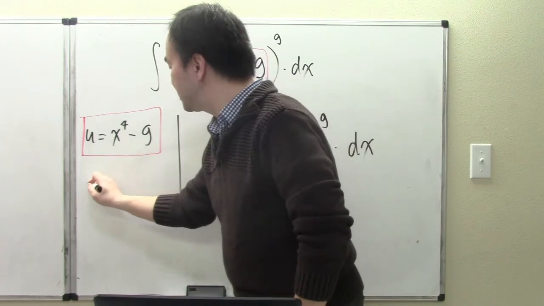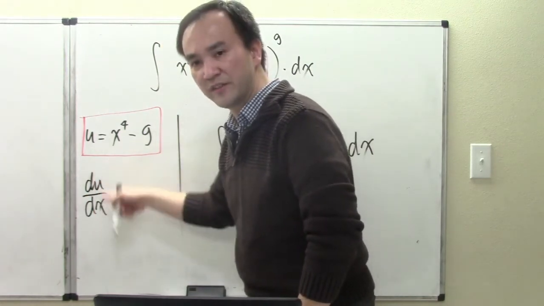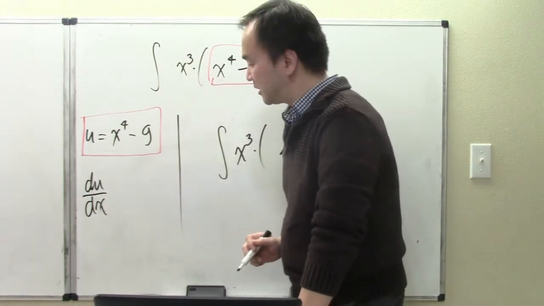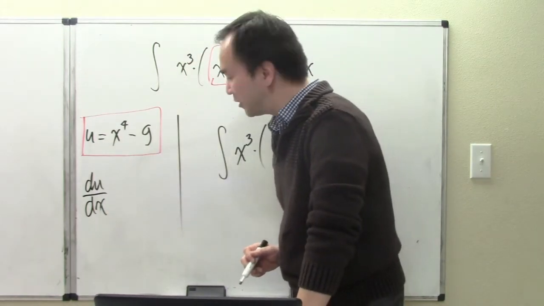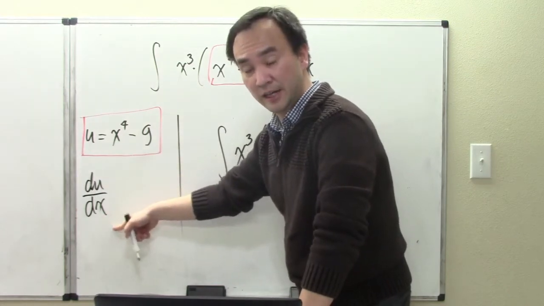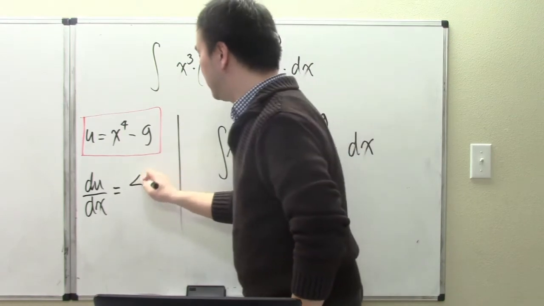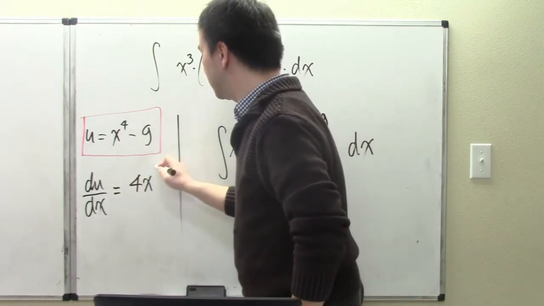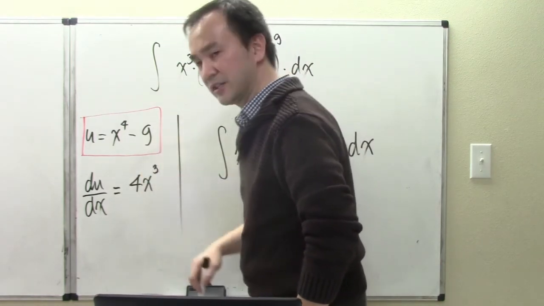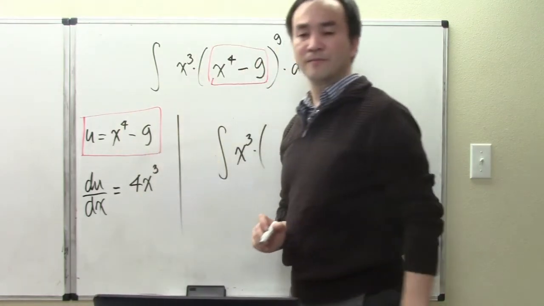I can take the derivative du dx. This is the famous derivative symbol for u, treating u as a function and x as the variable. Okay, and that equals 4x cubed. This is a constant term, it's gone. So this is the derivative of that, x to the fourth minus 9. Okay.